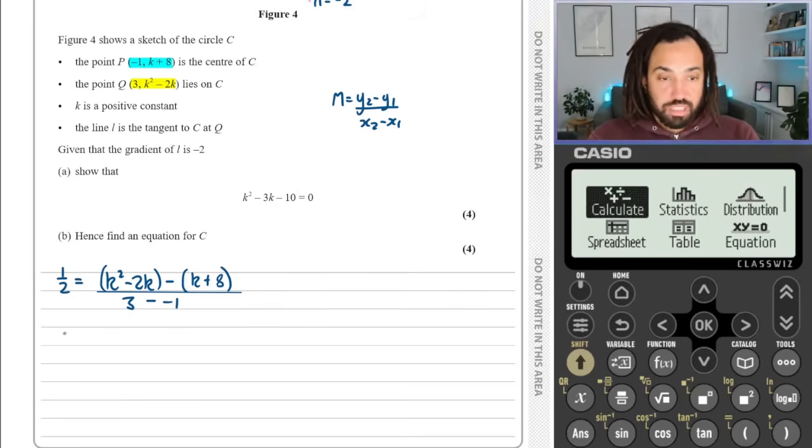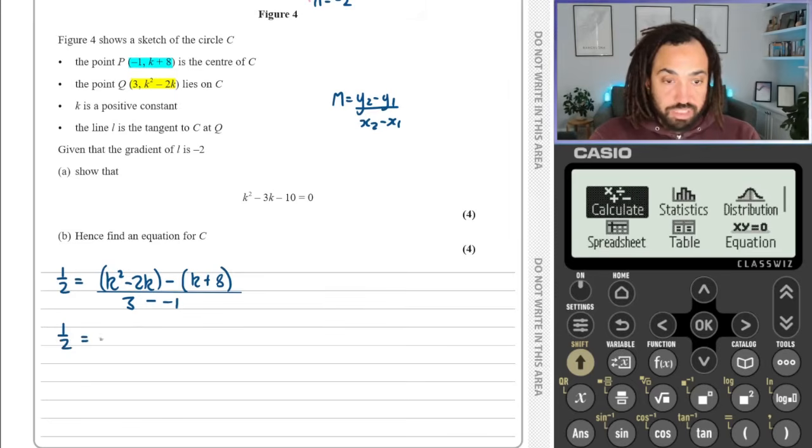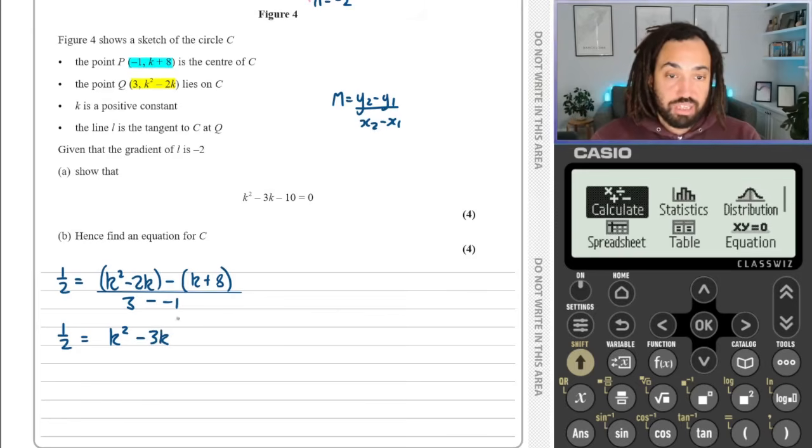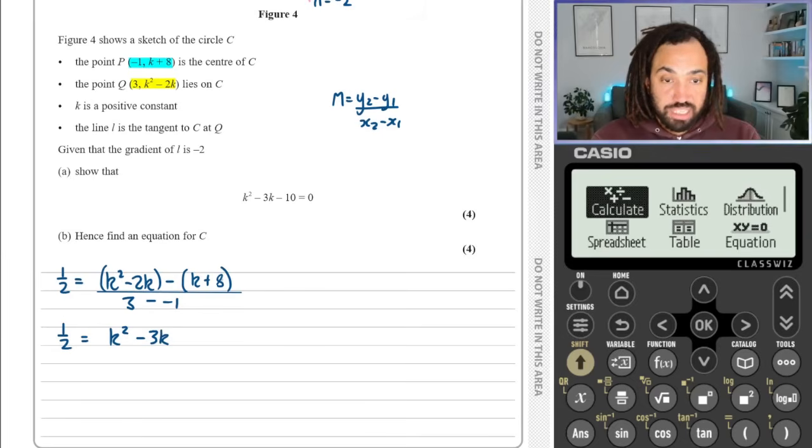Okay, great. Let's simplify this a little bit. So on top we've got a k squared, we've got a minus 2k, and then minus a k, so that's minus 3k. And then we've got a minus 8 here, so that's minus 8. And then all over 3 minus minus 1 is 4.